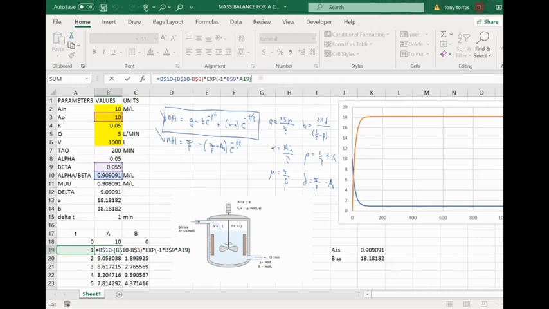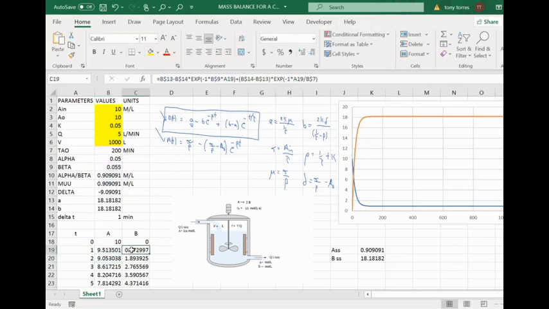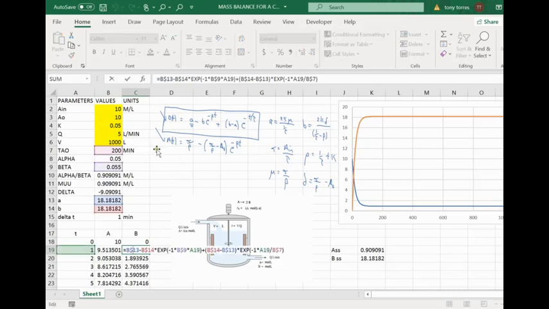Let's hit enter here. How about this one? This one is a little bit longer. Let's see what we got here. Let's double click on this one. So I have here the letter A. That's $13. Remember the dollars. Anything that needs to be a constant, you have to add a dollar. $13 minus $14. That's this B. That's this one here, times e to the minus beta t.